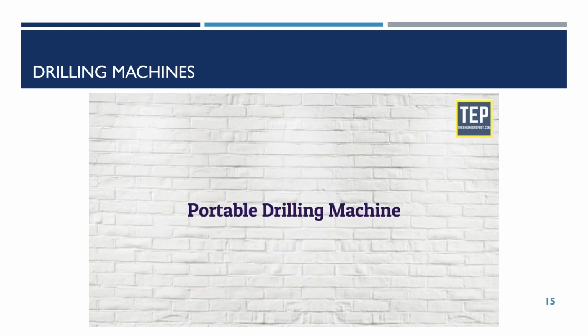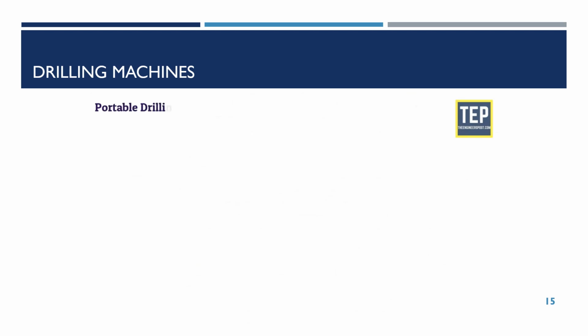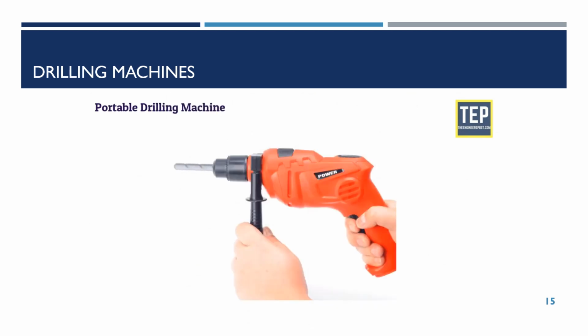Portable drilling machine. This type of drilling machine is commonly used in all workshops to drill small-sized holes. It is operated by holding in a hand. The workpiece where the hole is to be drilled is held in a vise.